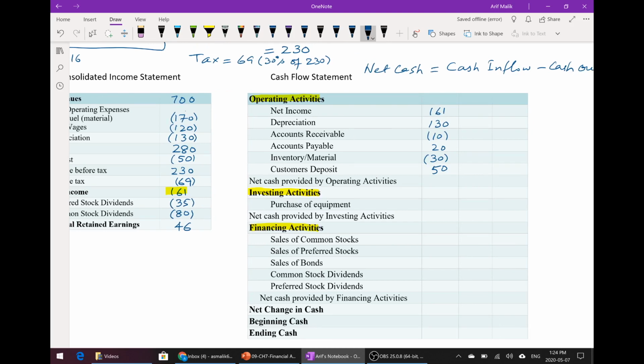So the net cash provided by operating activities, if we sum all these, is 321. Investing activities, purchase of equipment: again go to the equation, plant is negative in the equation from cash.